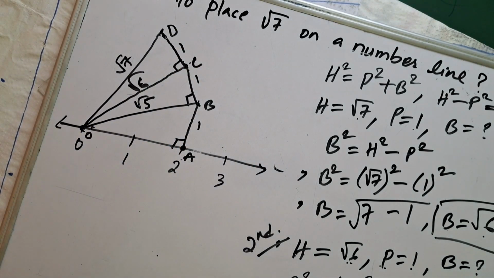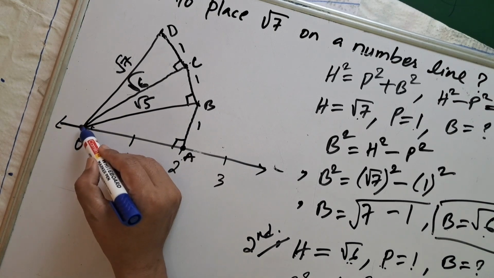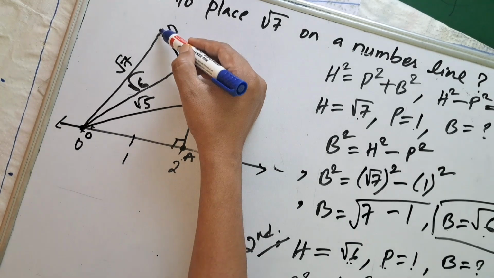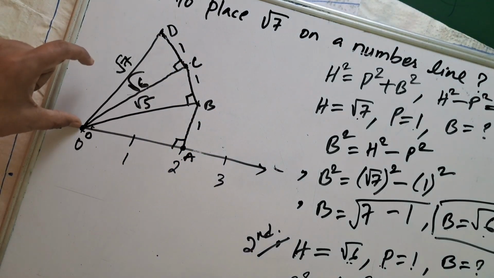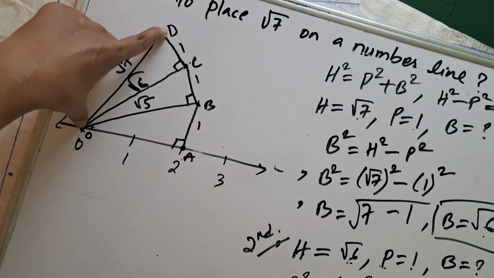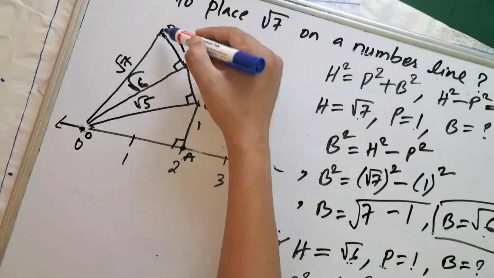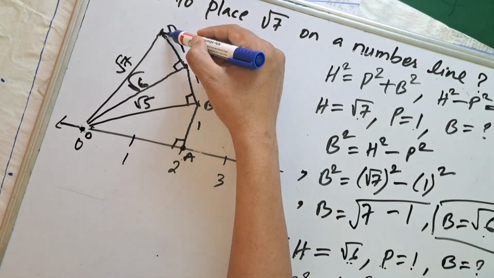So what we do now is we place the needle of the compass at O and the tip of the pencil at D, and we draw an arc.